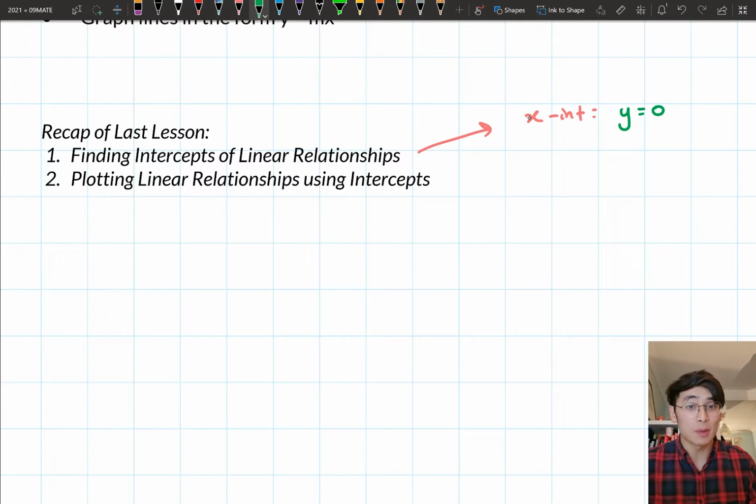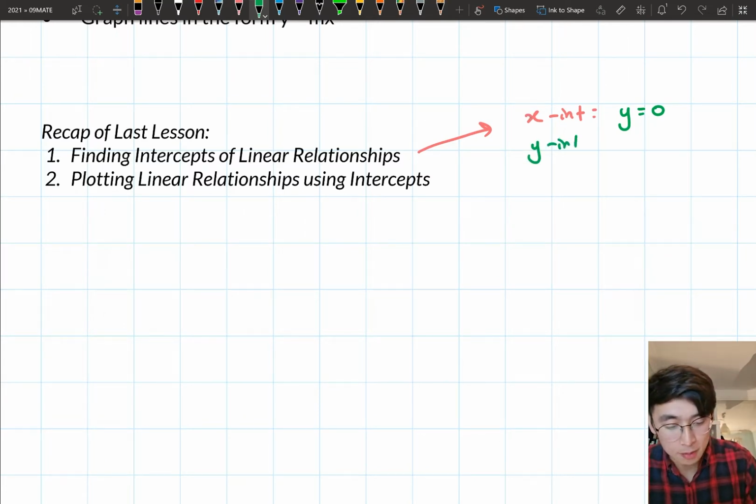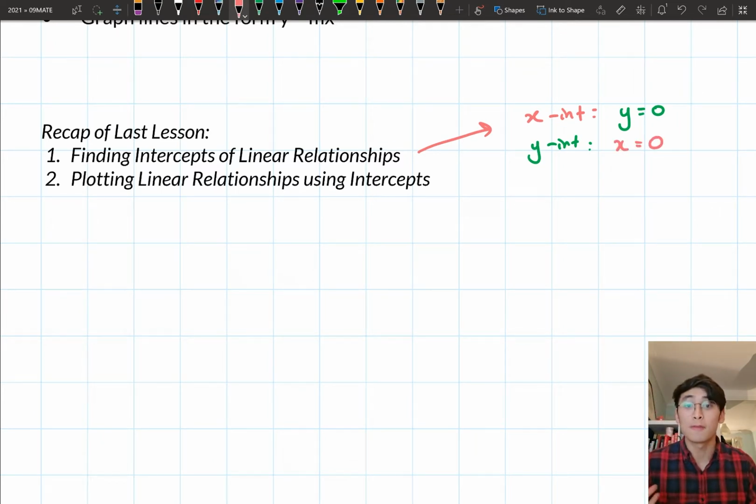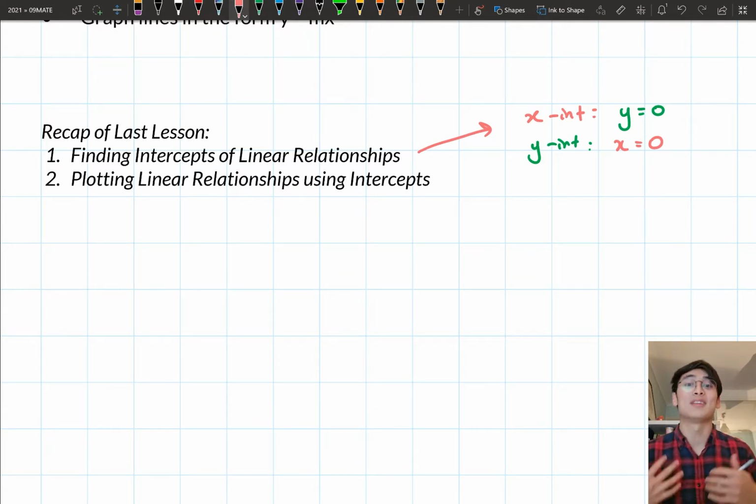The other intercept is our y-intercept, where we do the opposite and sub in x is equal to 0. We practiced substituting x is equal to 0 and y is equal to 0 into our linear relationship rule, and then we found our intercepts.